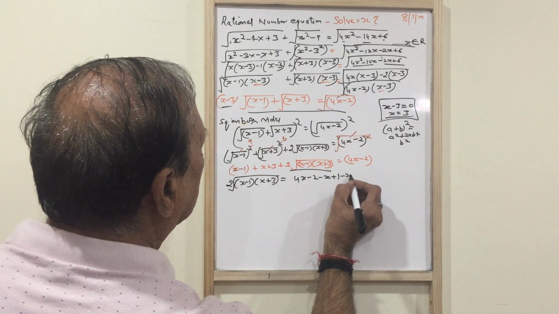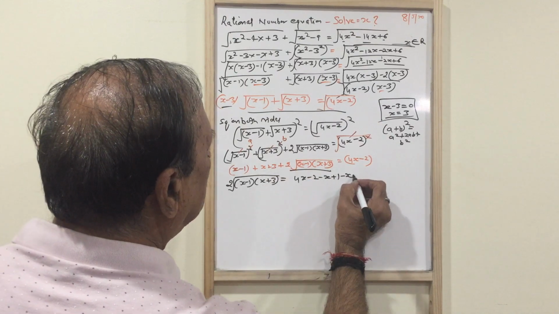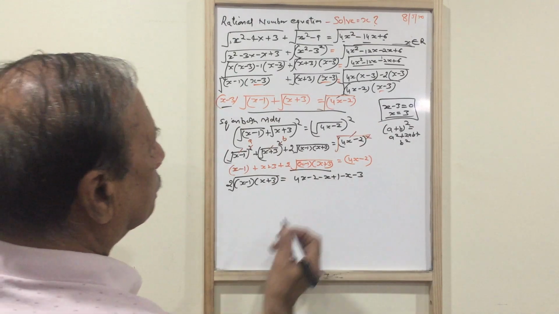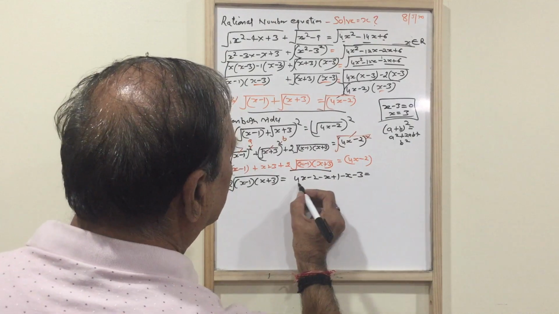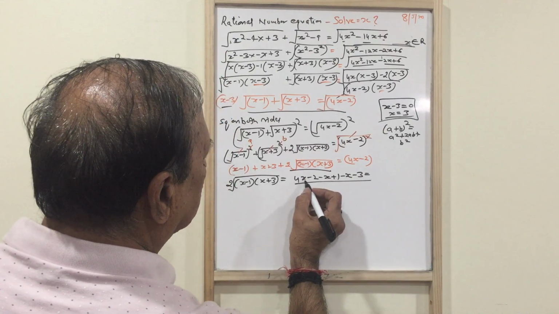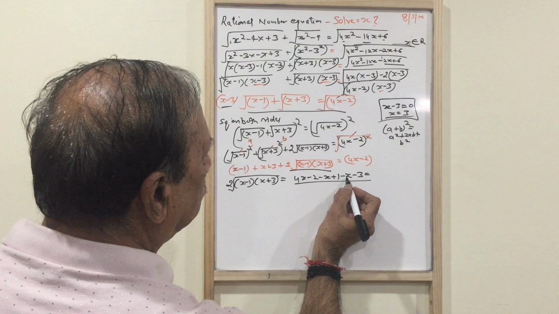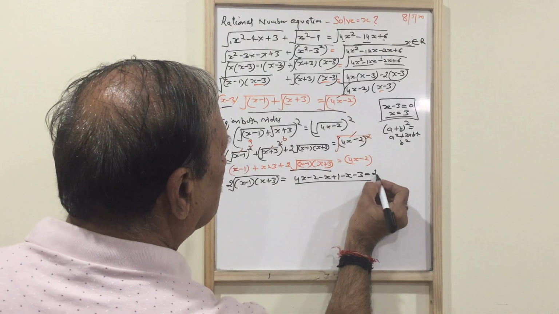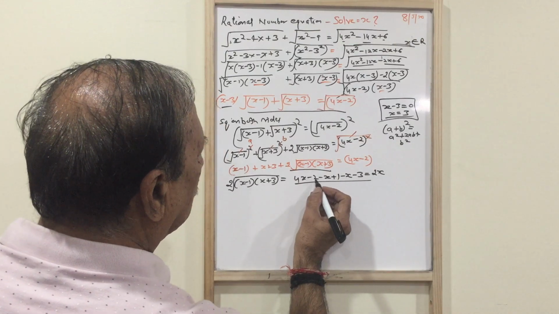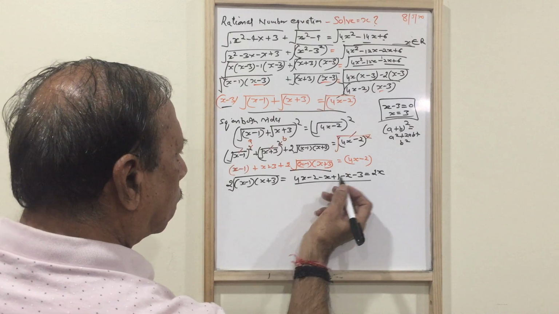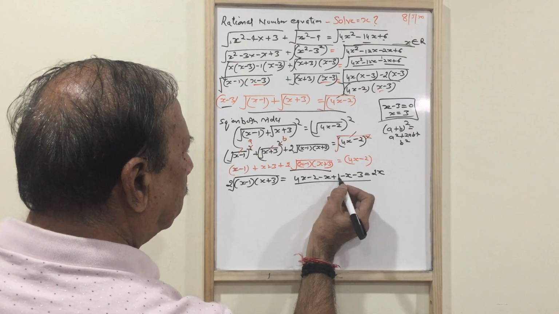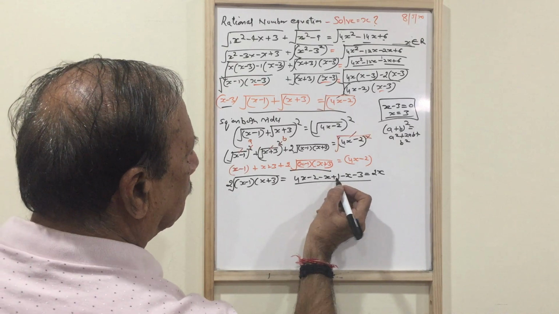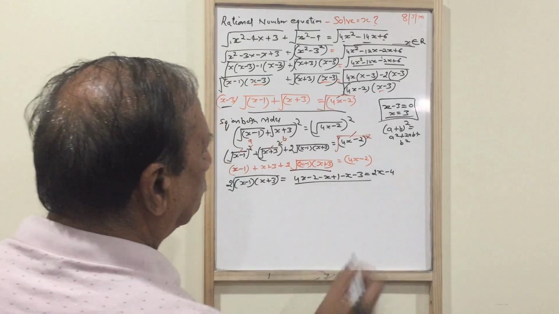Now this x is again minus x, this 3 will become minus 3. So we'll solve this one. 4x minus 2x, so it will become 2x, then minus 2 minus 3 minus 5 and plus 1, then it is minus 4.